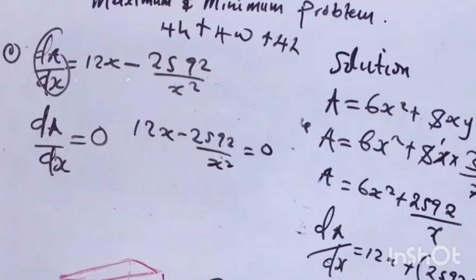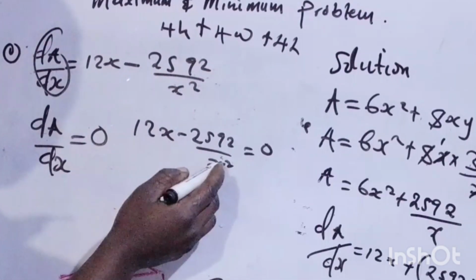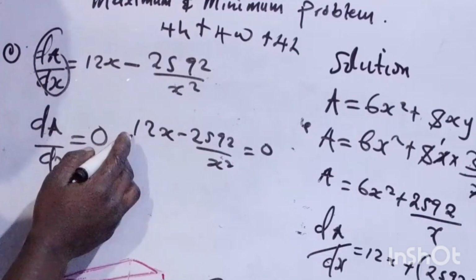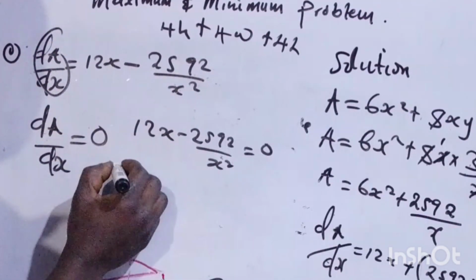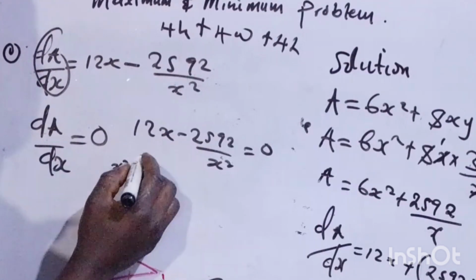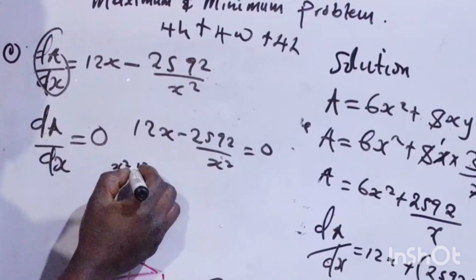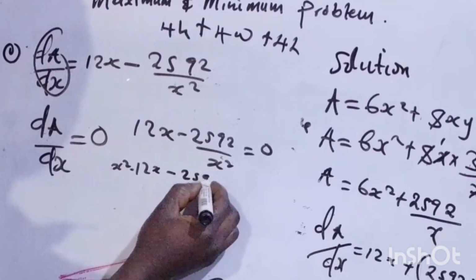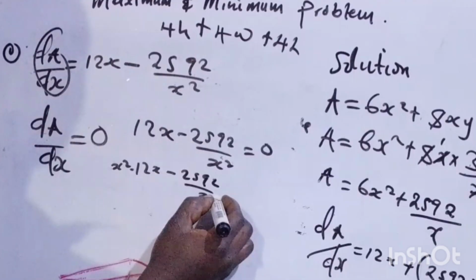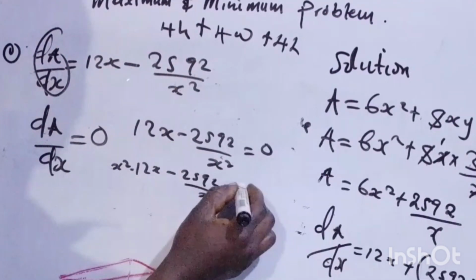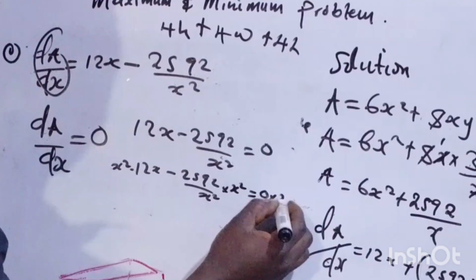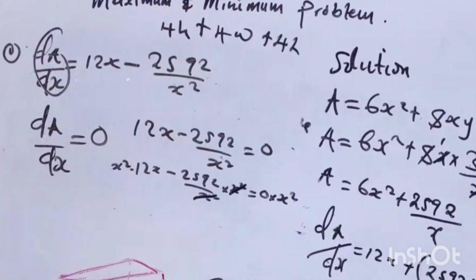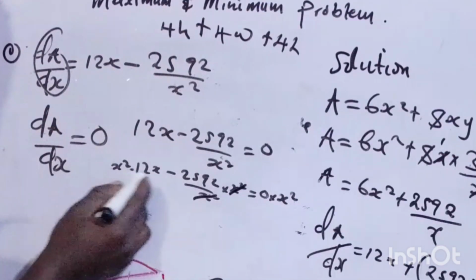Because we have x squared, we're going to multiply x squared both sides, in which we're going to say x squared times 12x, and minus, when you multiply 2592 over x squared multiplied by x squared, which should be equals to 0 times x squared, this x squared and this x squared go, we will remain with the x squared times 12x.